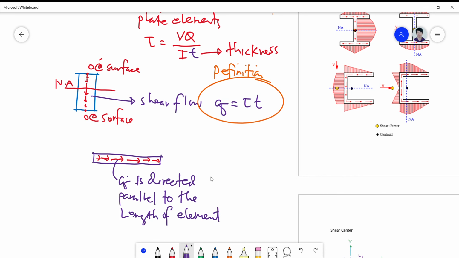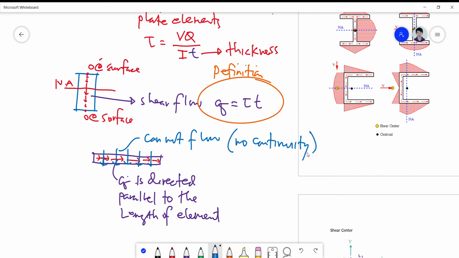It cannot flow this way, okay? It cannot flow this way because there will be no continuity in this regard. So the flow must be continuous.